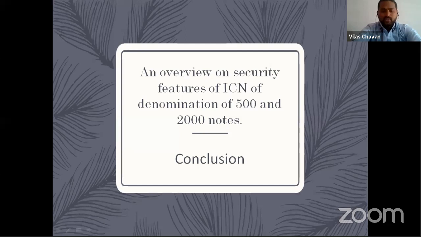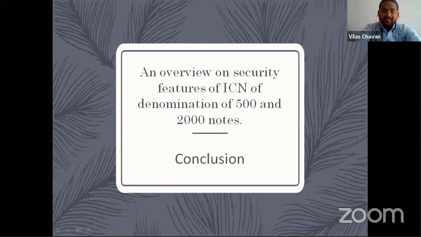In today's session, secret features of the new 500 and 2000 rupee banknotes were discussed, and the reported study shows that somehow counterfeiters have managed to imitate most of the features of the new 500 and 2000 rupee notes up to an extent, but they are unable to create features like OVI print, then raised print, then UV fluorescent print, then micro-lettering and anti-photocopying features.